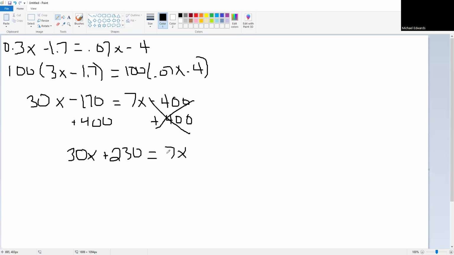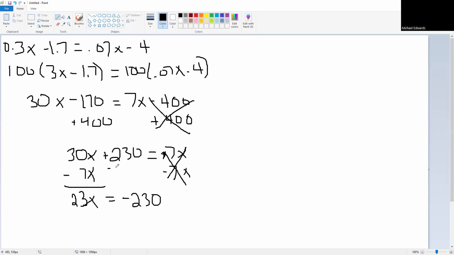So this is positive in front of it. Is a plus sign. We'll do negative 7x. That essentially turns into nothing, but we need to do it on both sides. So that turns into what, 20 something? What do you think? It's 23x, and equals negative 230.